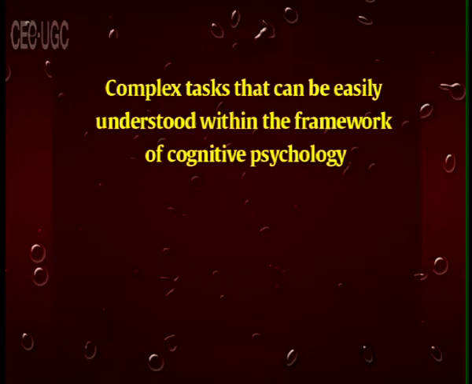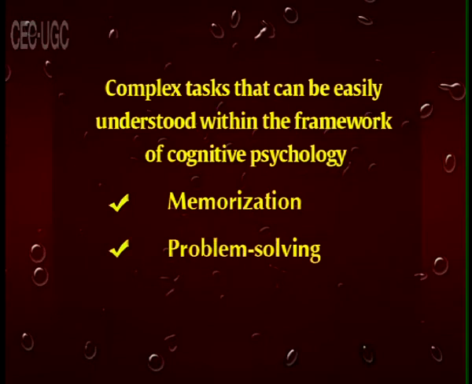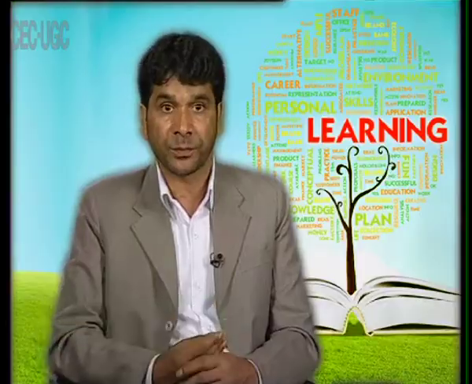Hence, complex tasks involving memorization, problem solving, and thinking can be most easily understood within the framework of cognitive psychology. A cognitive explanation of behavior postulates the existence of mental processes that operate on the stimulus in different ways depending upon the context in which the stimulus occurs and the individual's past learning experience to arrive at a response.